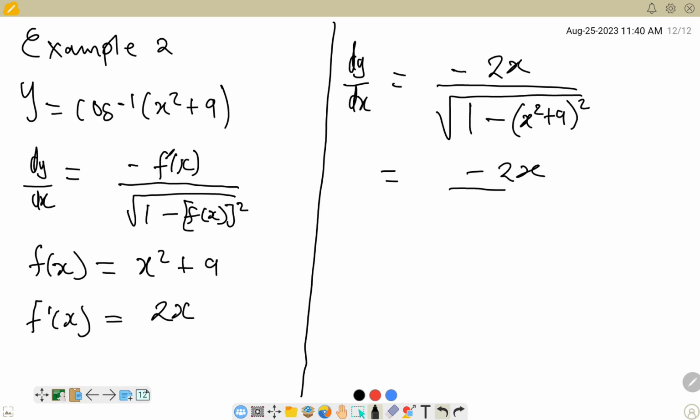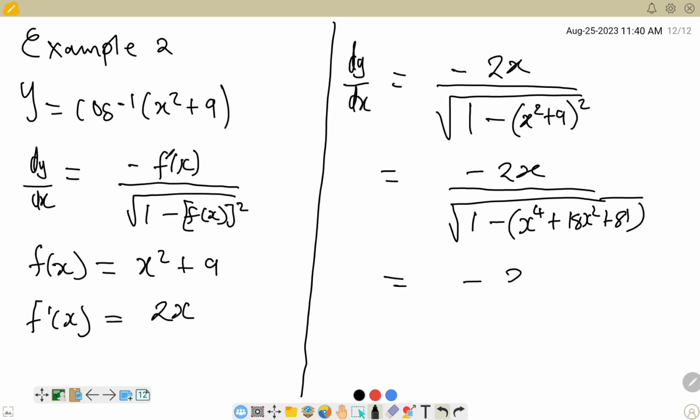We can try to simplify these too, because we can see that we are having brackets there. Then we're having 1. We will have x to the power 4 plus 18x squared plus 81.